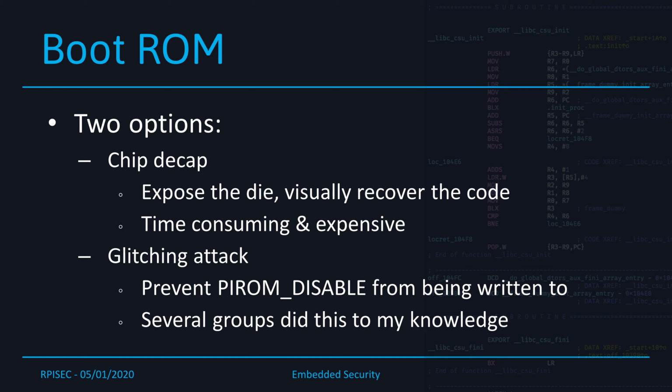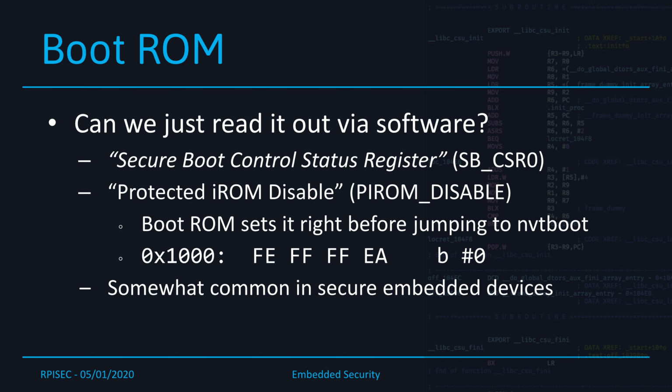And you also can do this thing which we actually did, and basically everyone actually did, which is a glitching attack. So if you consider the idea that there is essentially on this secure boot control status register, a single bit which says whether or not the IROM is disabled, and it just has to be a 1 or a 0 on this single bit that controls whether or not we can read out all of these secrets, all of this protected data.